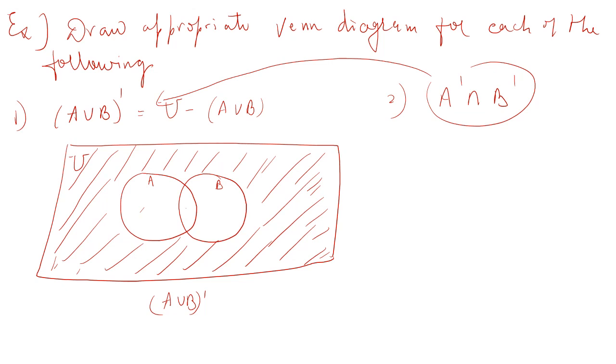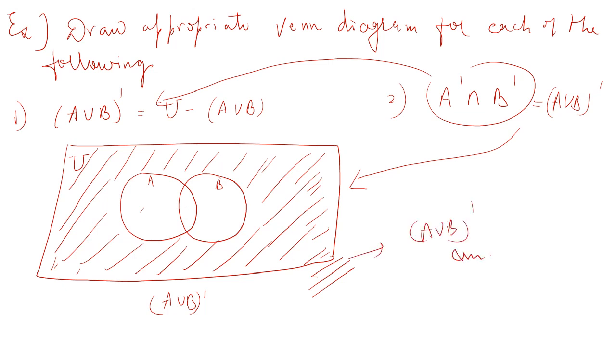So you draw the same Venn diagram. This is the Venn diagram for both A union B whole complement and A complement intersection B complement.